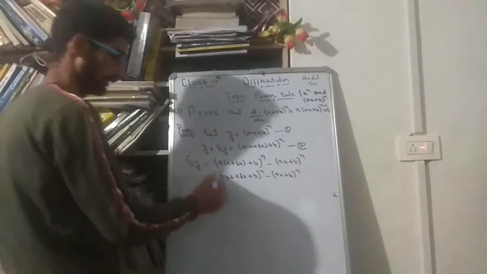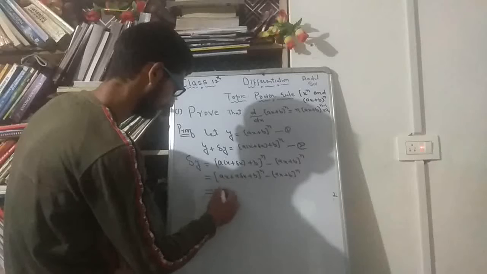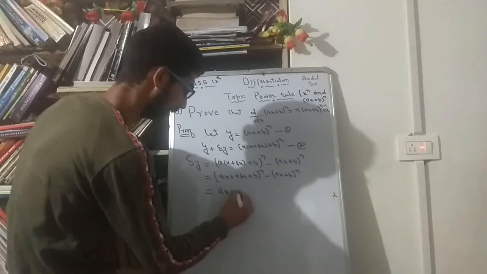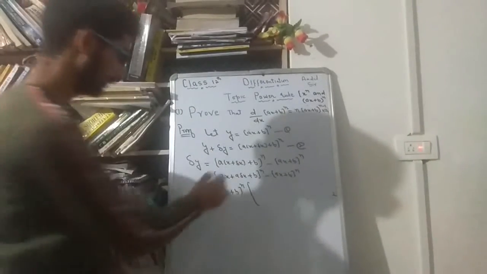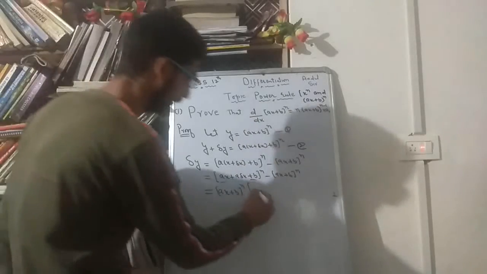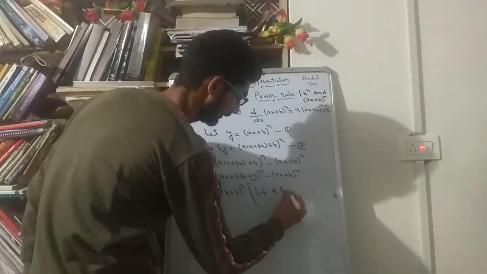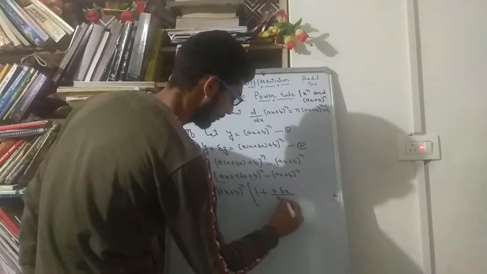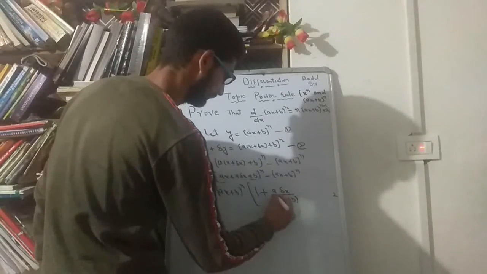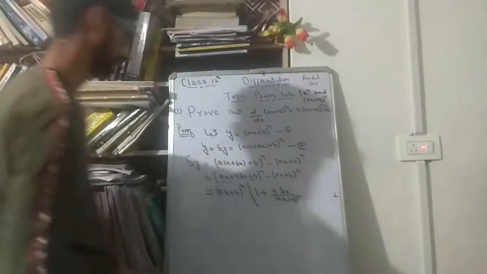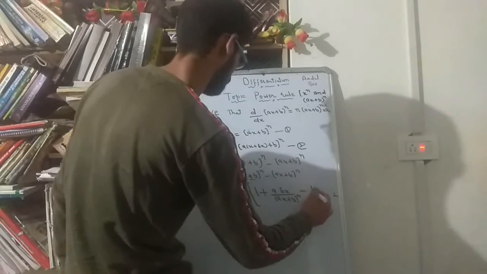So we will factor out (ax plus b), so it will be here (ax plus b) raised to the power n, and then inside it will be, making them common, 1 plus a del x divided by (ax plus b), all raised to the power n, and then minus 1.